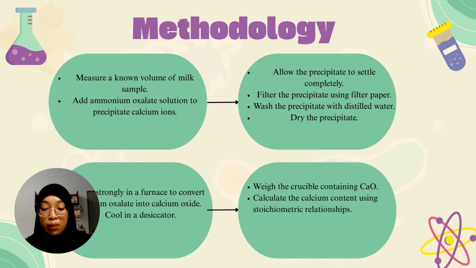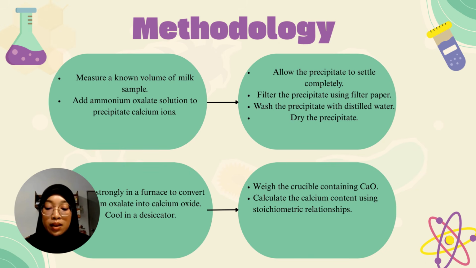Now we move to the methodology of this method. First of all, we need to measure a known volume of milk sample, and then add ammonium oxalate solution to precipitate the calcium ions. After that, we allow the precipitate to settle completely and filter it using filter paper.